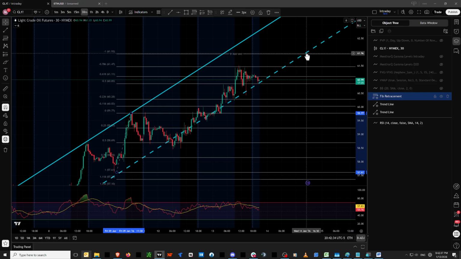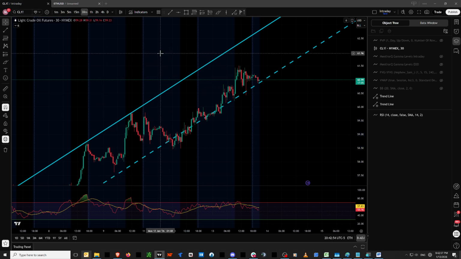Well, okay, according to this, maybe sometime tomorrow morning, early afternoon, if it continues to walk the trend line. So there you go. That's what I see in crude. Let's go to another one.